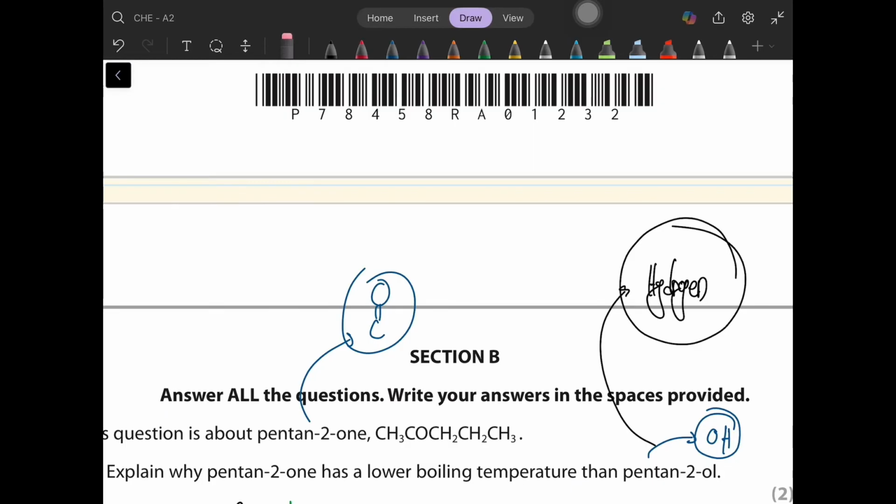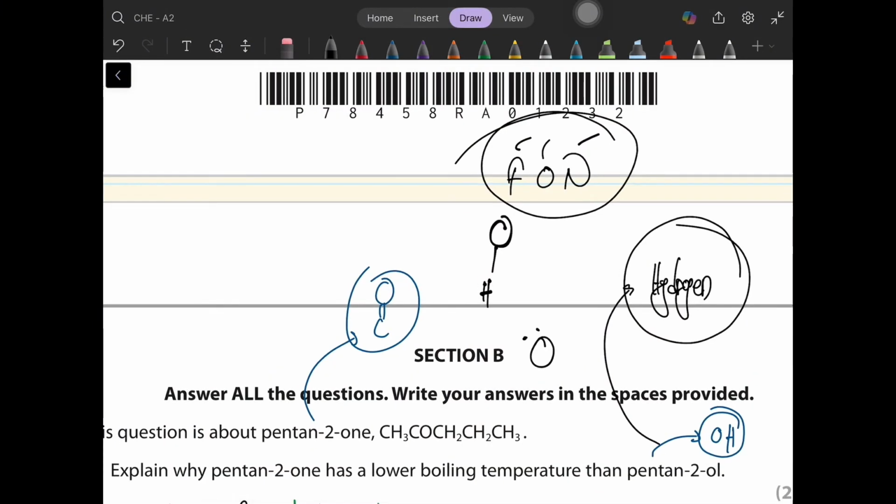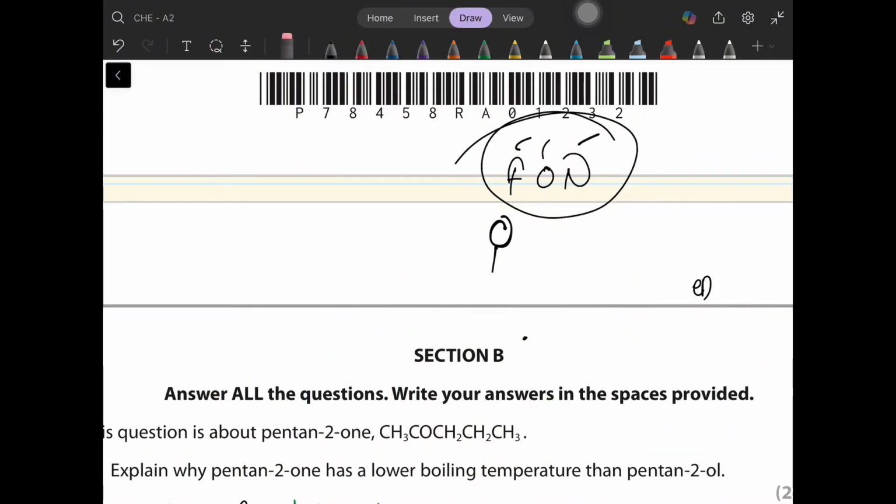So hence the boiling temperature of pentan-2-ol should be greater, right? A hydrogen bond is formed when a hydrogen is joined to FON, the three most electronegative elements, fluorine, oxygen, nitrogen, and the adjacent molecule has an FON dipole, right? So there is this force of attraction formed between them, and this is what we refer to as hydrogen bonds.